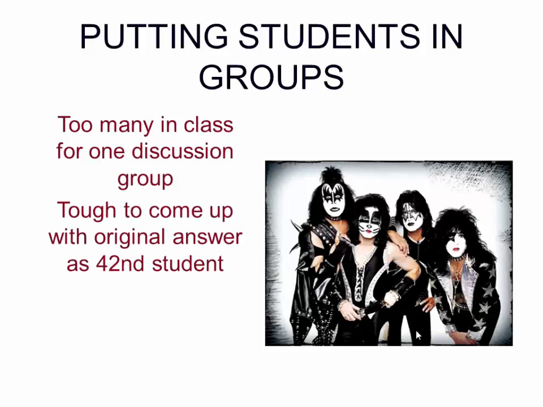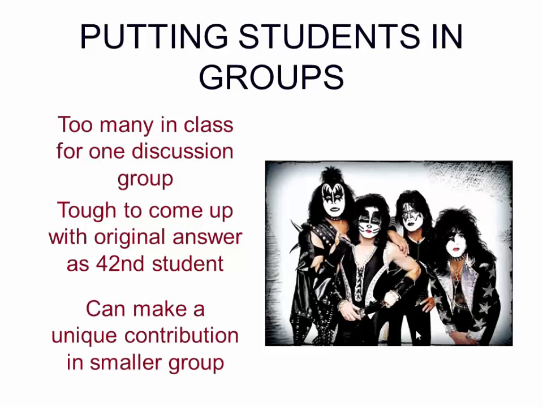Again, too many in a class for one discussion group. It's tough to come up with an original answer as the 42nd student. And you can make more unique contributions in smaller groups. And yes? Do your groups have access to each other's discussions? Not initially. I keep them totally private, so no one can see them but them.